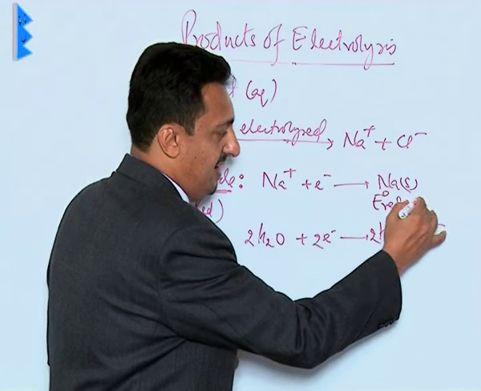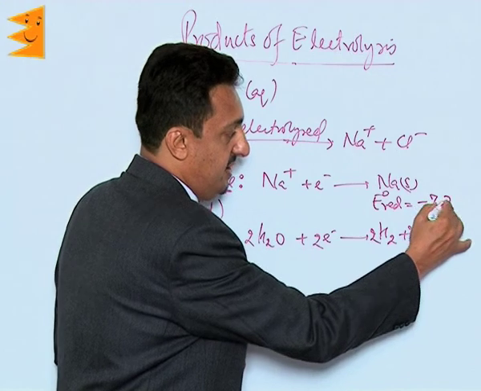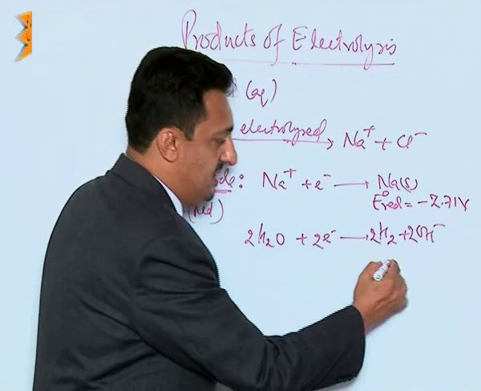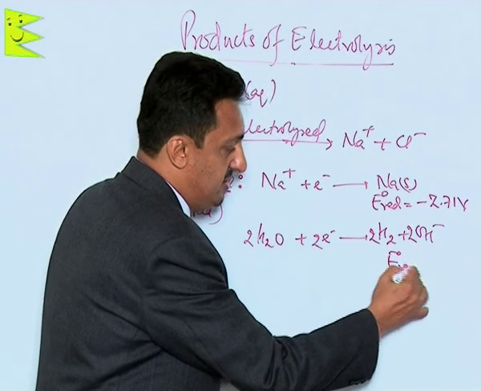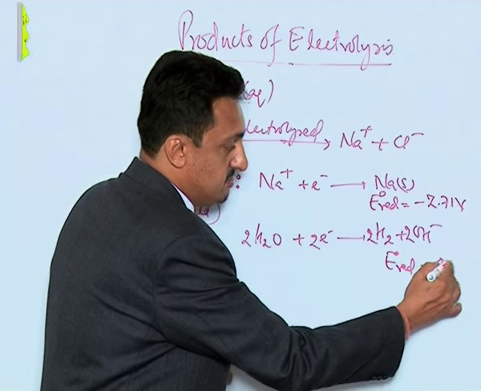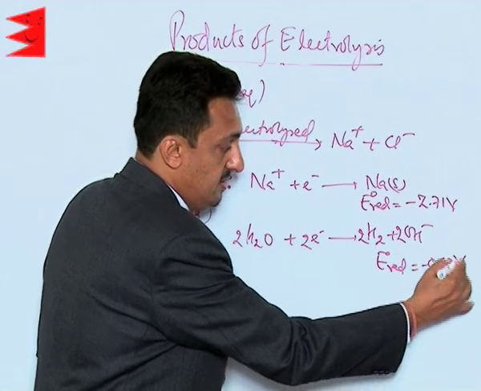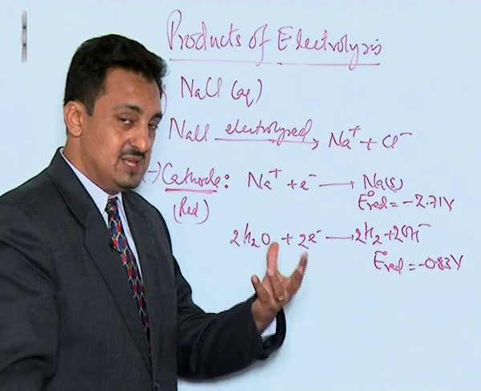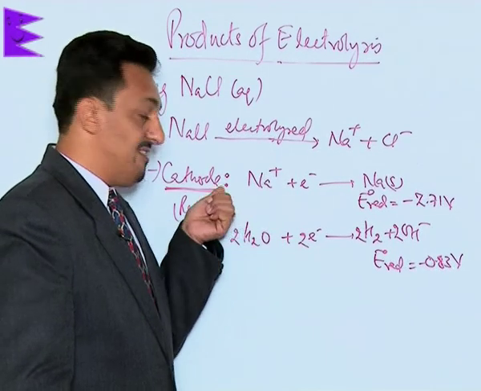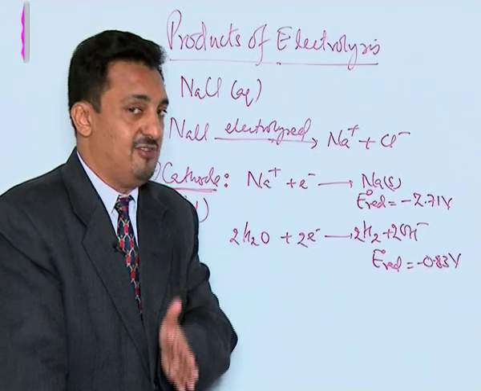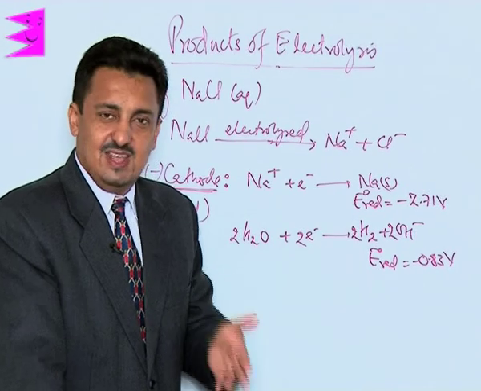The E0 reduction value of sodium is minus 2.71 volt and the E0 reduction value of water is minus 0.83 volt. So what we can find out is, definitely the species with the higher reduction potential will get reduced at the cathode.